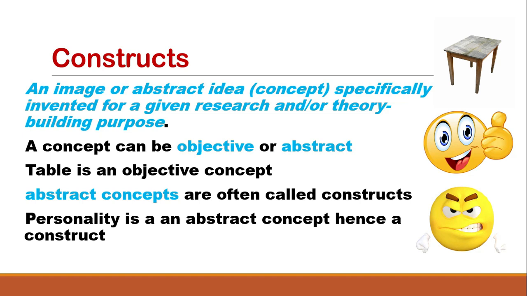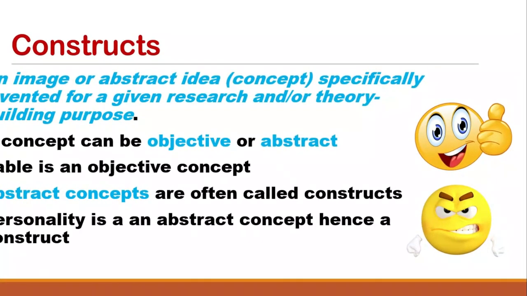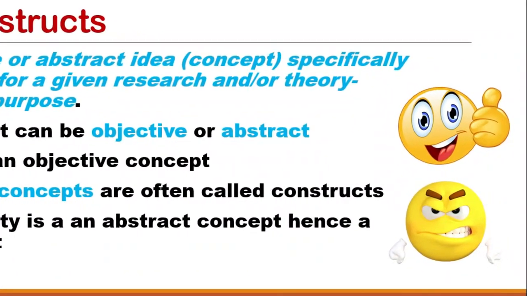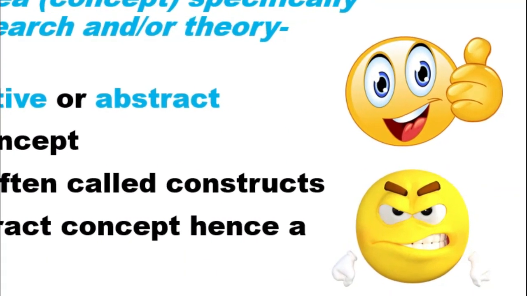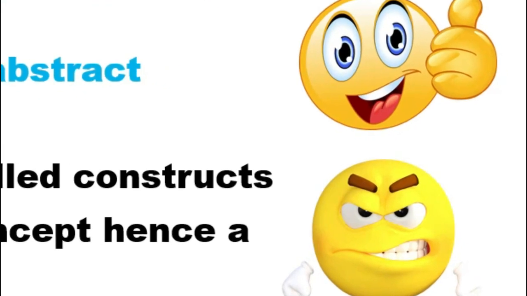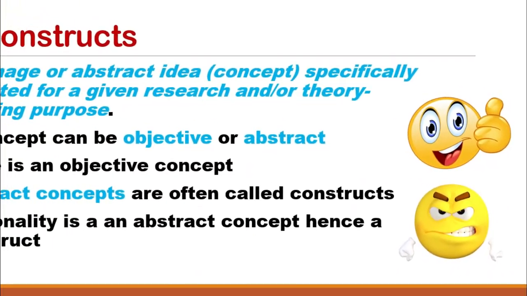Here we have an example of a construct which is personality, which is very abstract because we cannot see it. However, we can measure certain aspects or certain dimensions of personality using different methods that we will discuss later on.